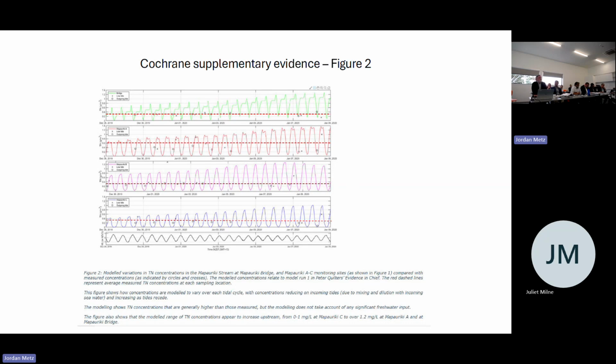But my response is, maybe in other situations where I've been dealing with clients that have consent conditions on not necessarily discharge limits, but environmental outcomes that are set as consent conditions. An example is one where I've got a client with a trigger level around boron.